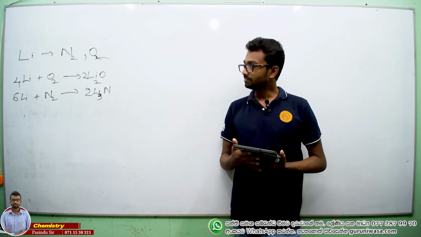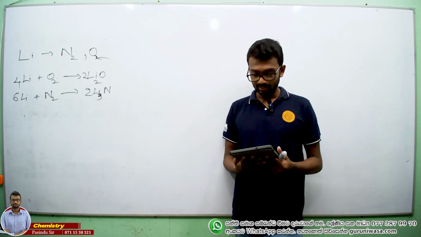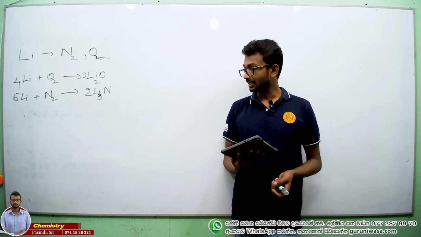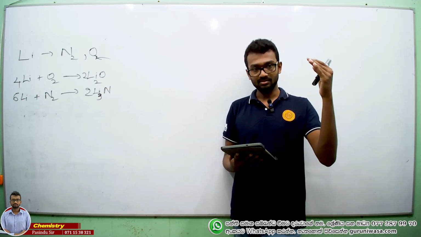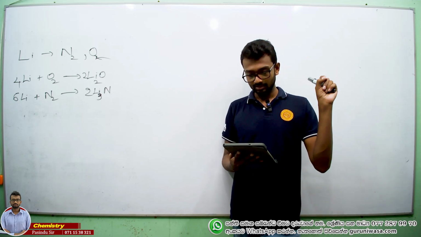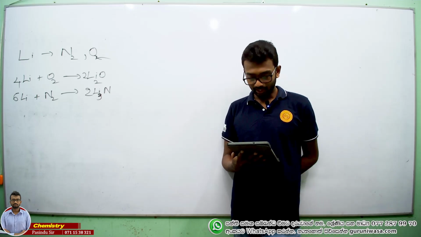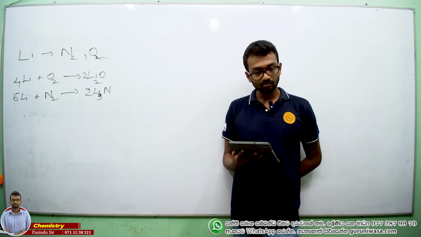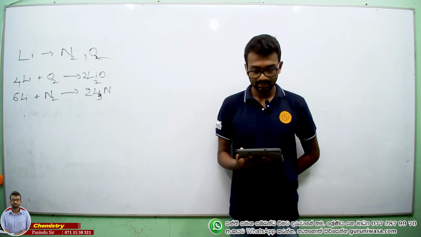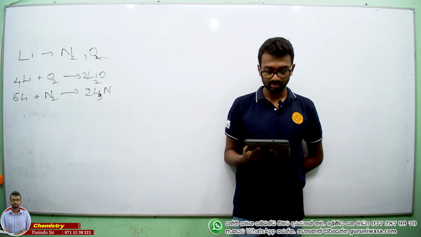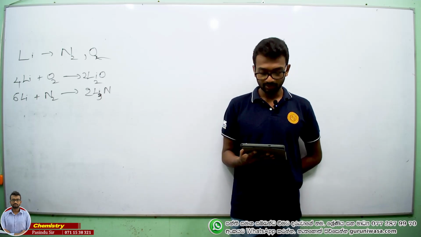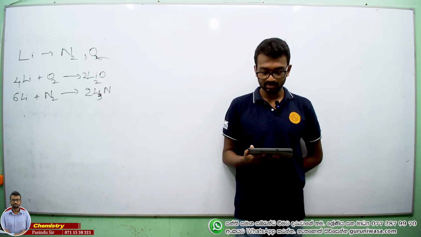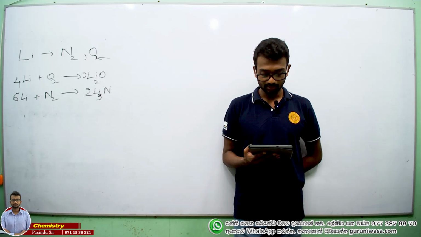Then what can they form? When sodium burns in air, just write down, leave the rule and write down: when sodium burns in air, sodium peroxide is mainly produced with some sodium oxide.